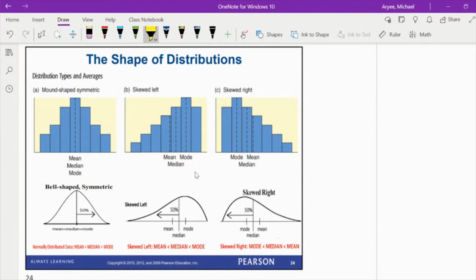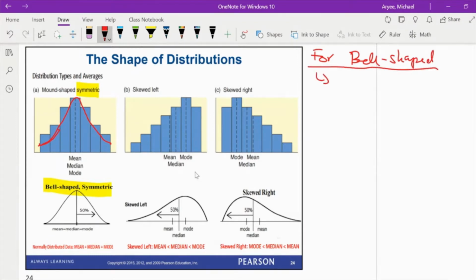The first is symmetric distribution, and we said we're focusing on the one that will end up giving us a bell shape. So if I connect these, I'll get something close to a bell shape. Bell-shaped distributions are symmetrical.